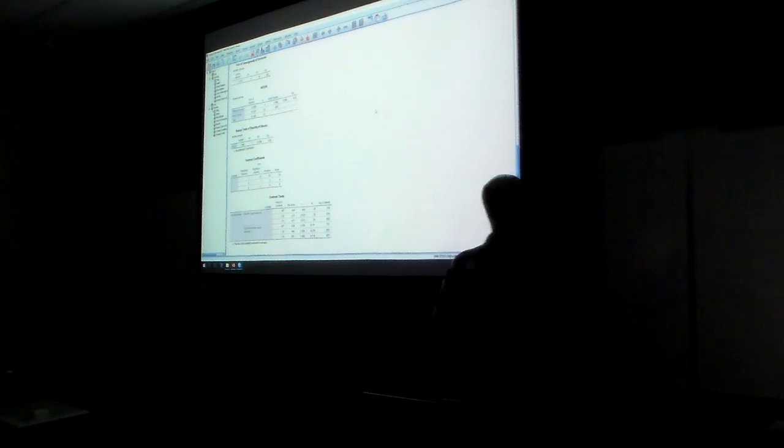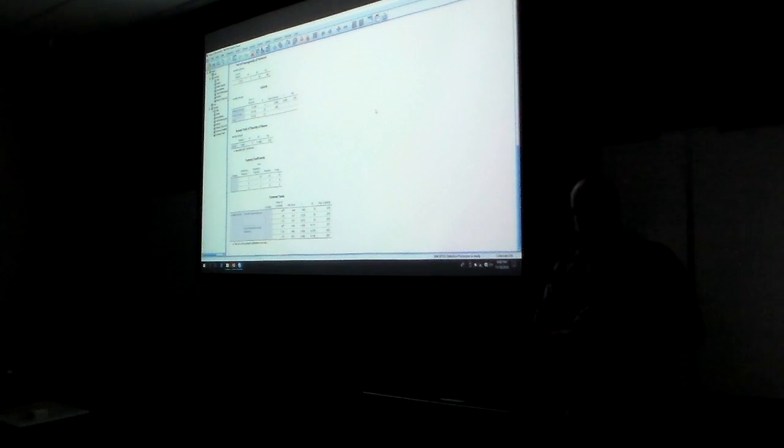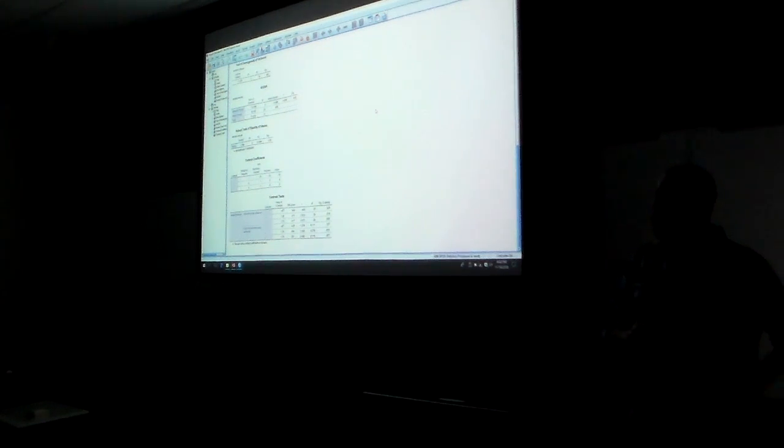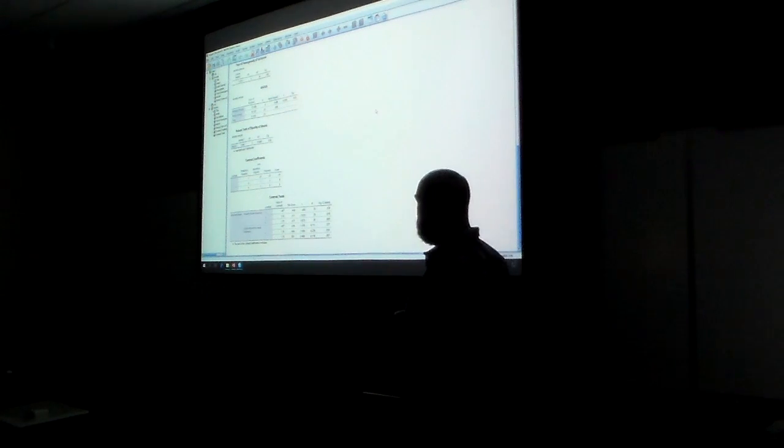Let's say we wanted to apply a Bonferroni correction to this. What would our new Bonferroni p-value be here? We know .05 divided by 3. What's that? 0.0166. Yeah, so let's say 0.017, right?